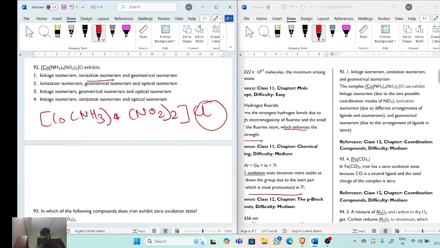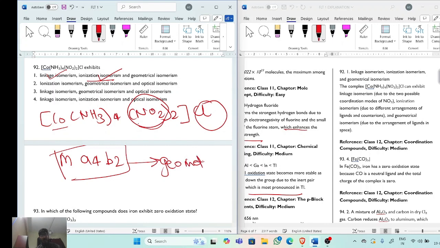So it can show ionization isomerism, it can show linkage isomerism due to the linkage property of NO2, and it can show geometrical isomerism as well, because I can write cobalt as M, then A4, then B2, and we know MA4B2 can show geometrical isomerism. It can show cis and trans. So option number 1 will be our correct answer.